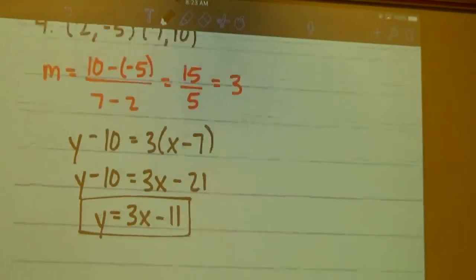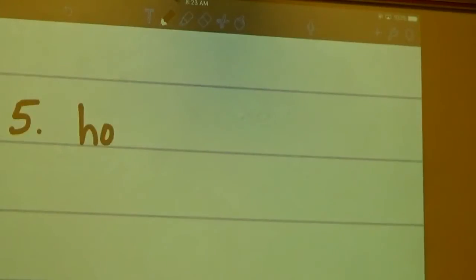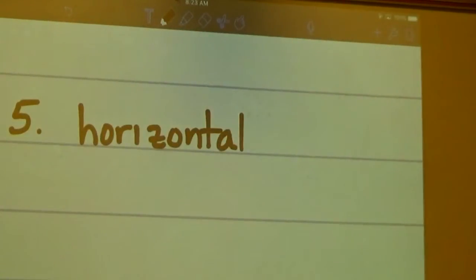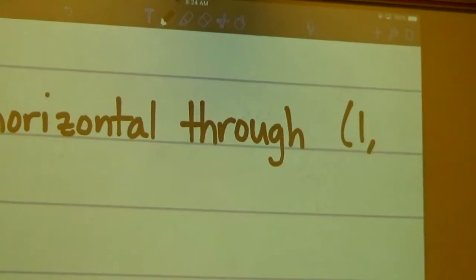All right, the last two we've got. We want a horizontal line through the point 1, 2.